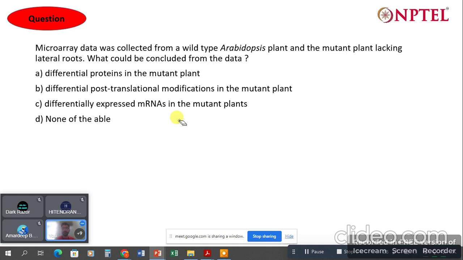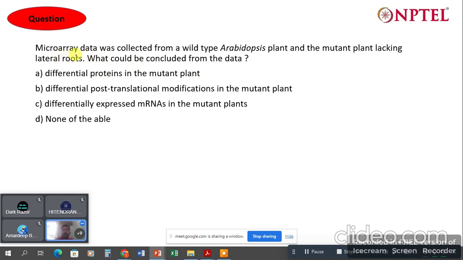So the first question for today is: microarray data was collected from a wild type Arabidopsis plant and a mutant plant lacking lateral roots. What could be concluded from the data?